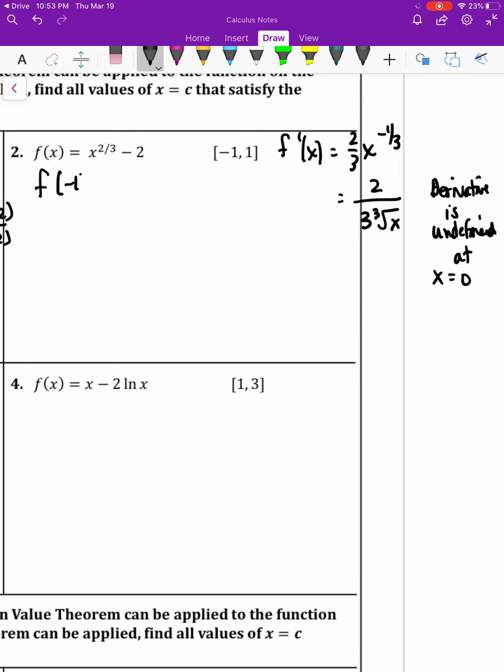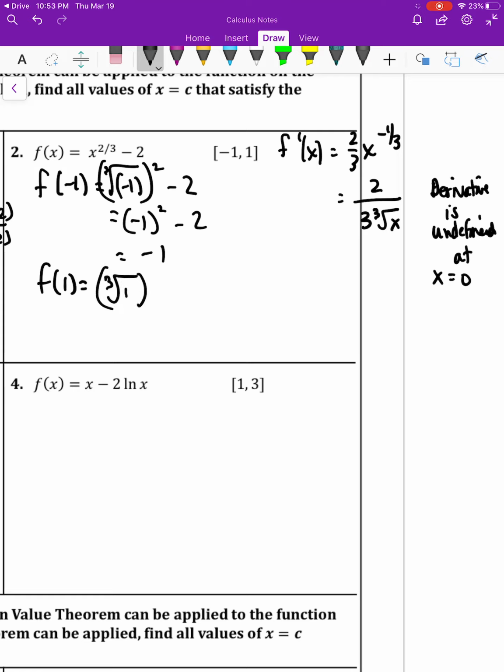So we could check to see also, if you wanted to, you've got -1, you've got the cube root of -1 squared minus 2. And so the cube root of -1 is -1, squared is 1, minus 2 is -1. And this one would have been the cube root of 1 squared minus 2, 1 squared minus 2, -1. So this would have held up.